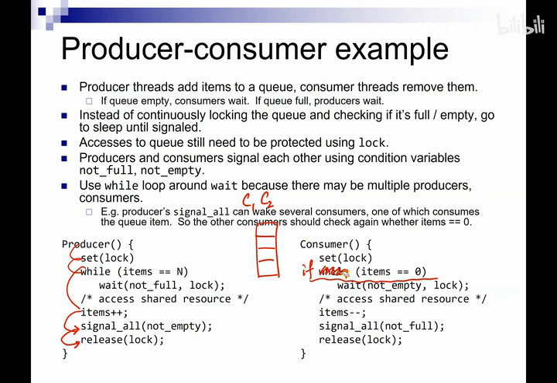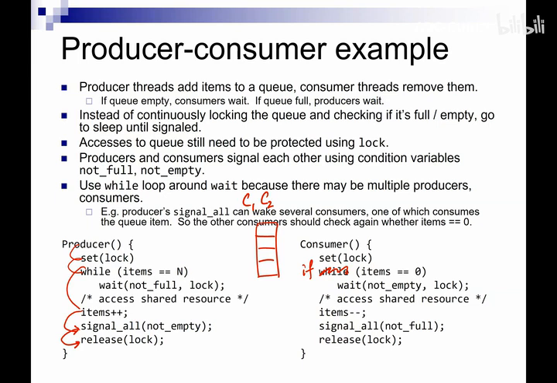But this is not sufficient, because if you just have an if statement over here, then after these waiting threads wake up, they're not going to recheck whether items equals 0 again. So after C1 and C2 wake up, they're both just going to try to take an item, which would be incorrect, because only C1 should be able to take the item. C2 needs to wait again.